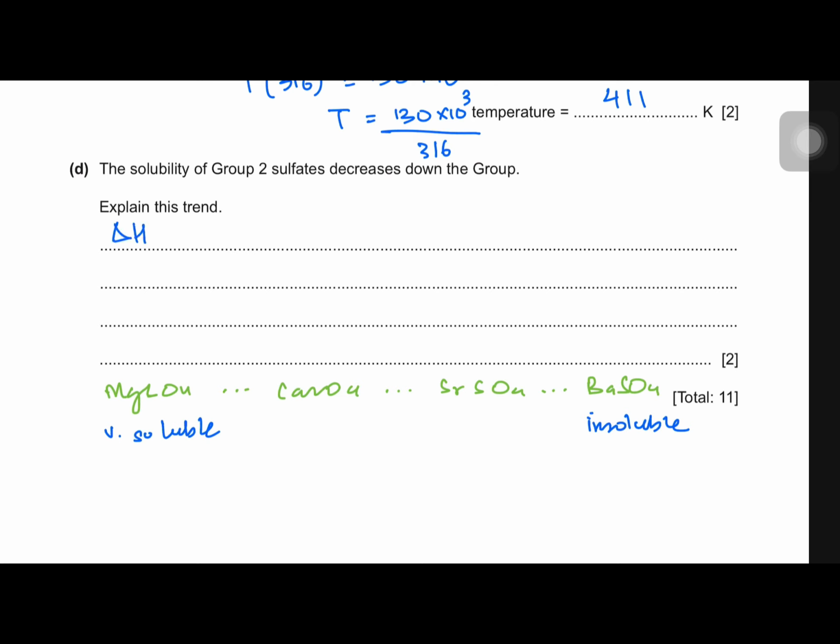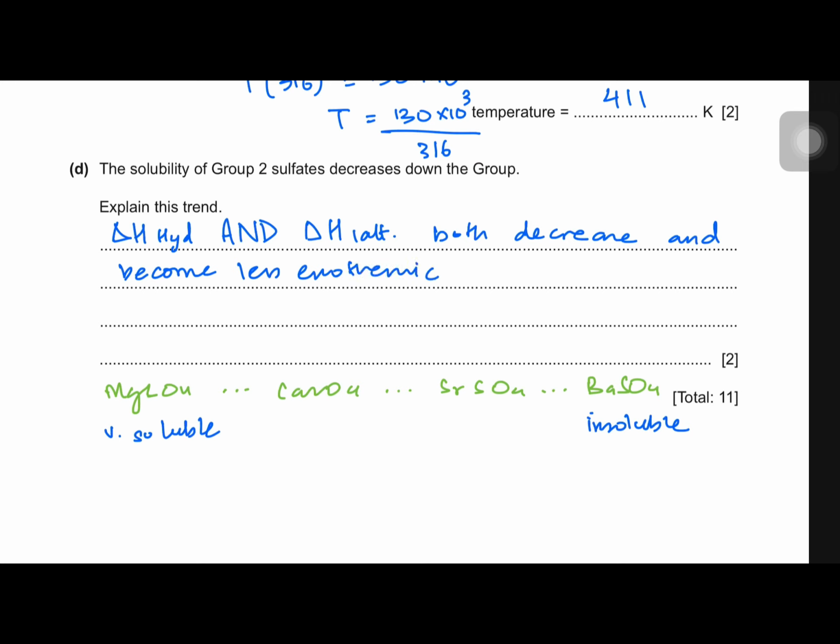So enthalpy of hydration and enthalpy of lattice, both these values decrease and become less exothermic. Why? Due to increasing ionic radius, radii, charge density, that thing.